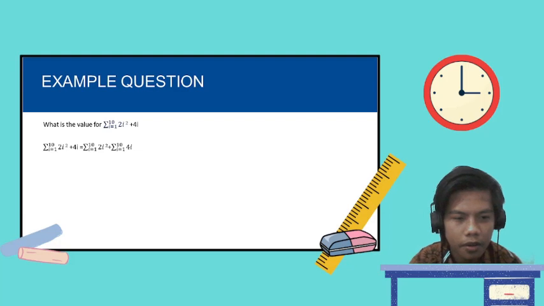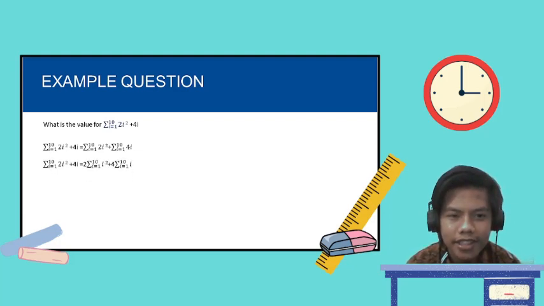And with the second property we can write that it is equal to 2 times sigma i equals 1 to 10 of i squared plus 4 times sigma i equals 1 to 10 of i.